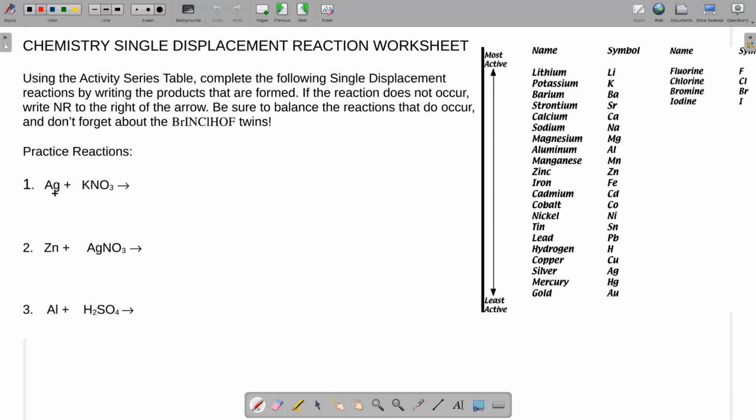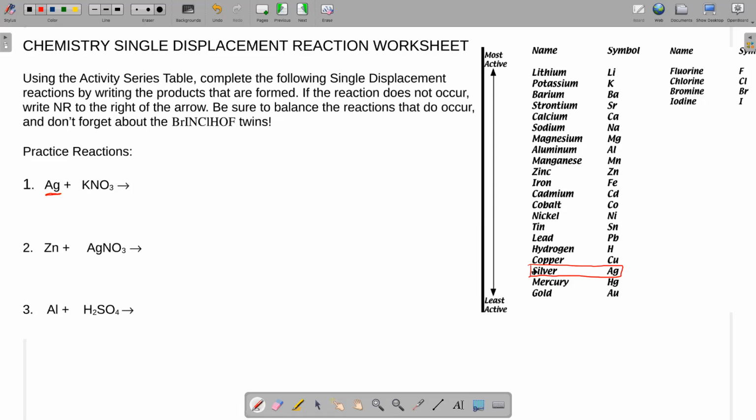In the first one, the element that's all by itself, Ag, is silver. Silver is pretty low. We make jewelry out of silver because it's very non-reactive. But you might know silver can tarnish, get a black coating. It tarnishes slowly, but it reacts better than gold.